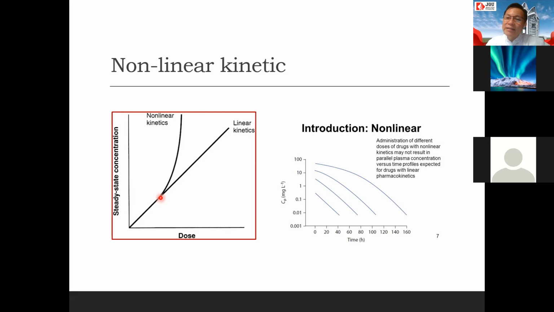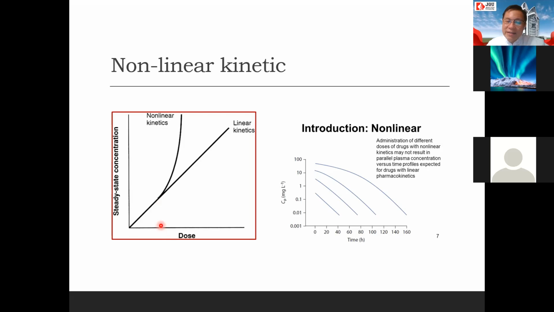So you have to be careful, because when the amount of drug is low, you can see in this graph, they actually follow the linear kinetic, correct or not?